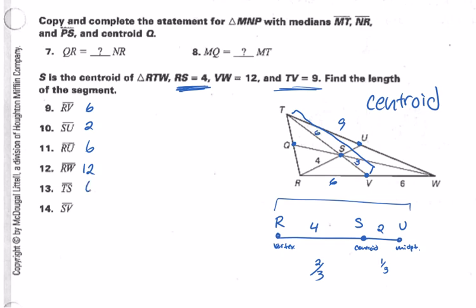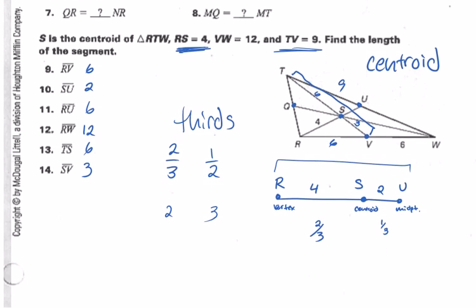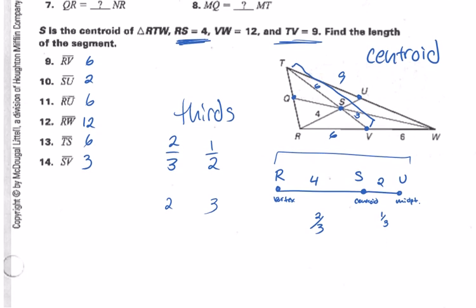So TS is 6, and SV is 3. We're just dealing with thirds here. We have a 2/3 piece and a 1/3 piece. You might have to double a piece, multiply by 3, or divide by 2. It depends. You have to look at it and see, is it the bigger portion? Does it go from the vertex to the centroid, or from the centroid to the midpoint?